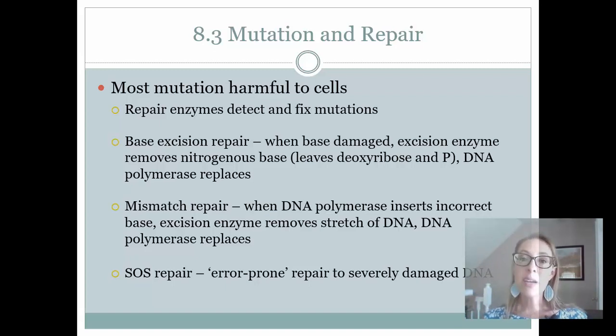DNA polymerase, we said, was not 100% efficient. So a mismatch repair can occur when DNA polymerase puts in an entirely incorrect nucleotide. So we have to take out that whole nucleotide base. An enzyme is going to do that, but it's not just going to be that individual base.